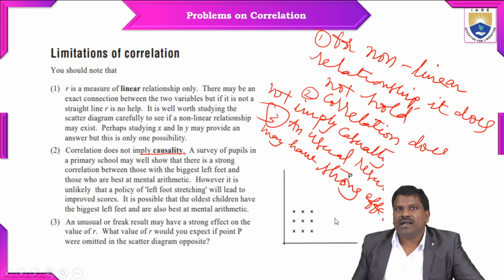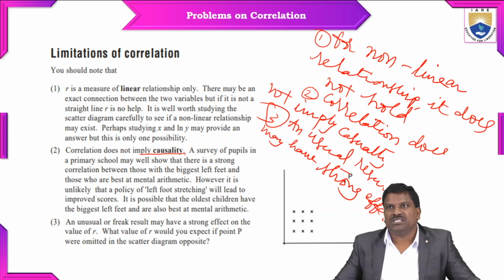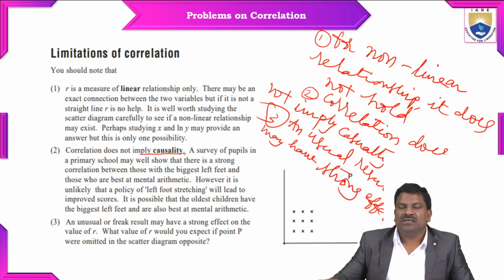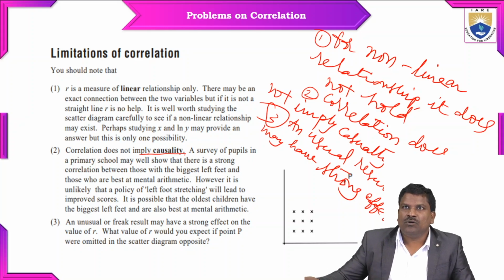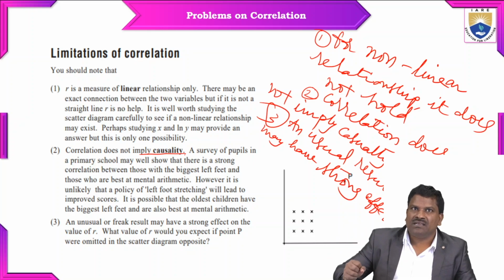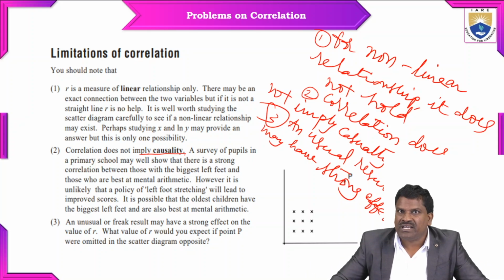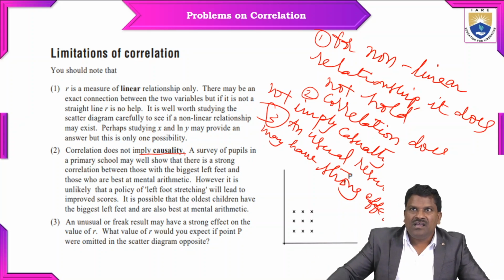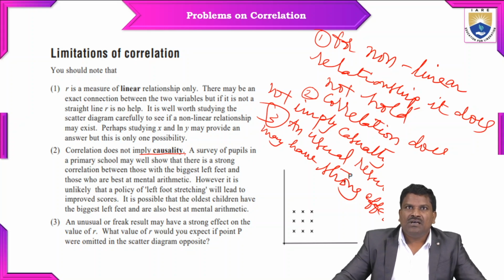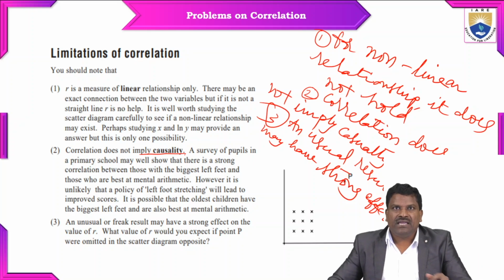Using all this, we can analyze Spearman's rank correlation, and there are three drawbacks, limitations, shortcomings for correlation. First, for a non-linear relationship, whatever is discussed cannot hold, because R is a measure of purely linear relationship only. The second limitation is that correlation does not imply causality.